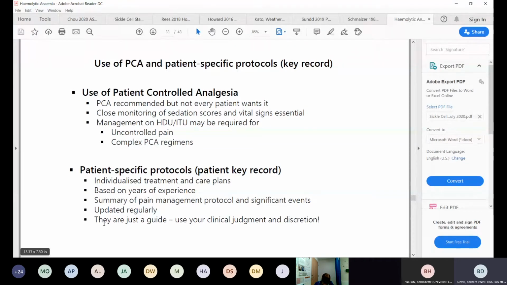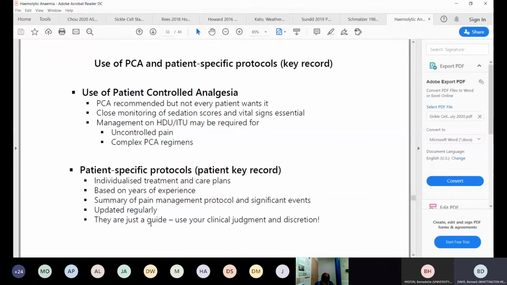But remember also, again, this is another thing that we get complaints about. These are just a guide. I've known it before where a patient has come in, obviously in agonizing pain, where they've been denied effective pain relief because the protocol says that they should have, let's say, 10 milligram of morphine.